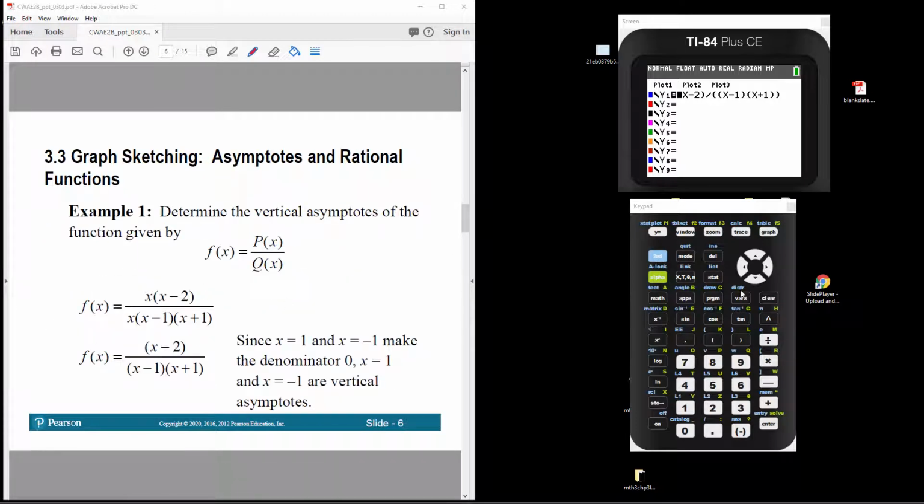So let's look at a graph of it. Here's a graph of it. You can see what happens as x gets close to -1. It blows up.